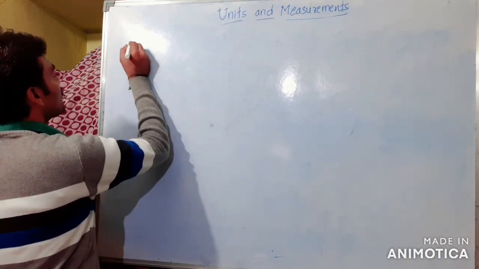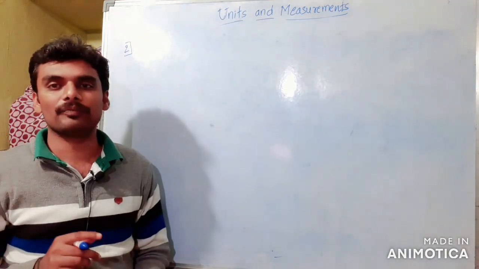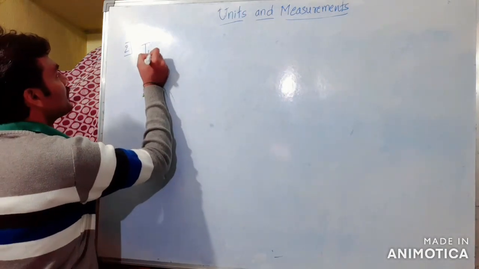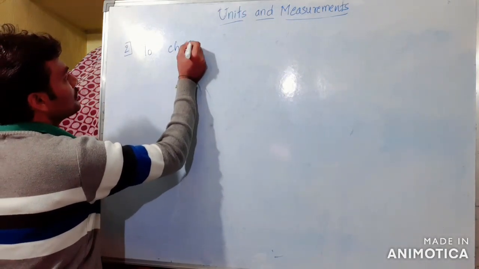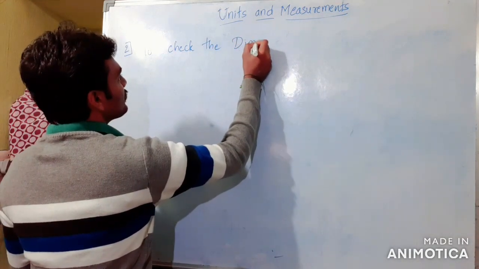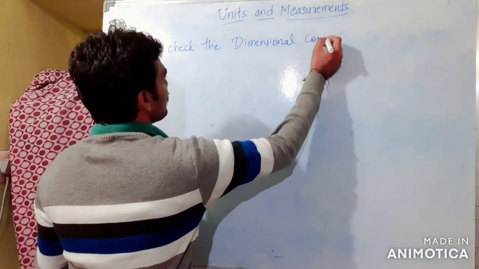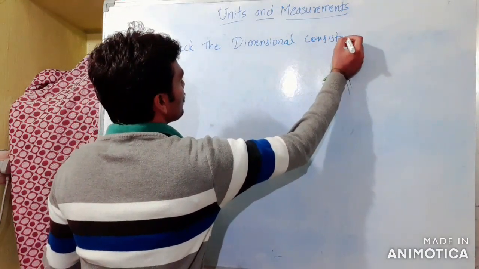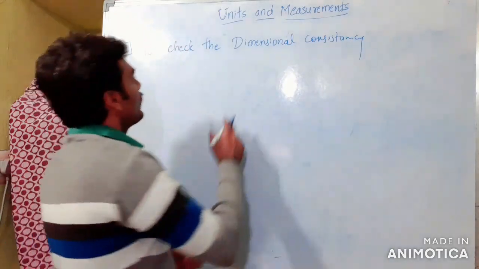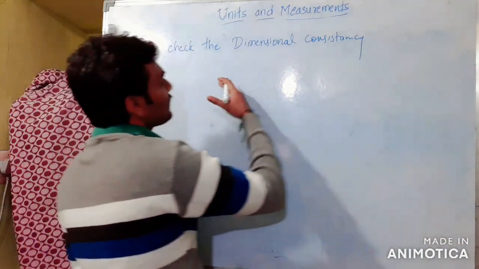The second use or application of dimensional analysis is to check the dimensional consistency, which in other words we also say as to check the correctness.